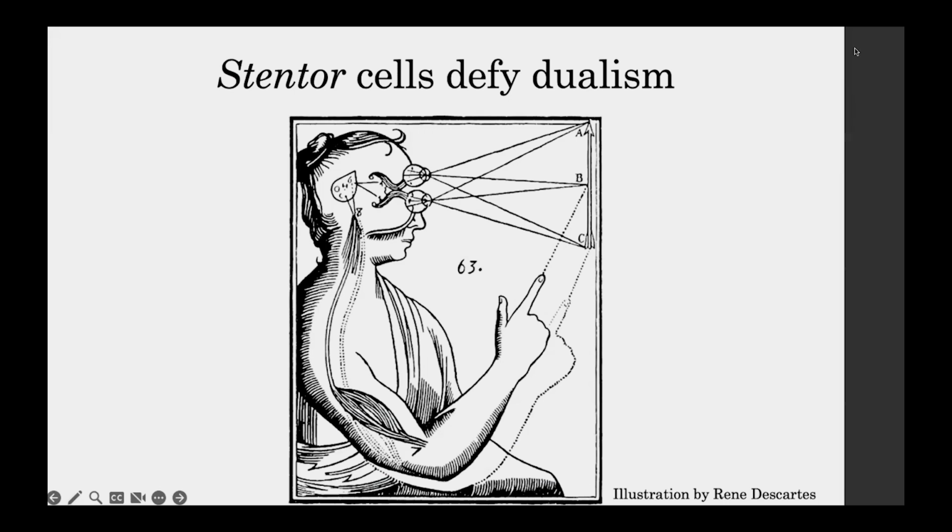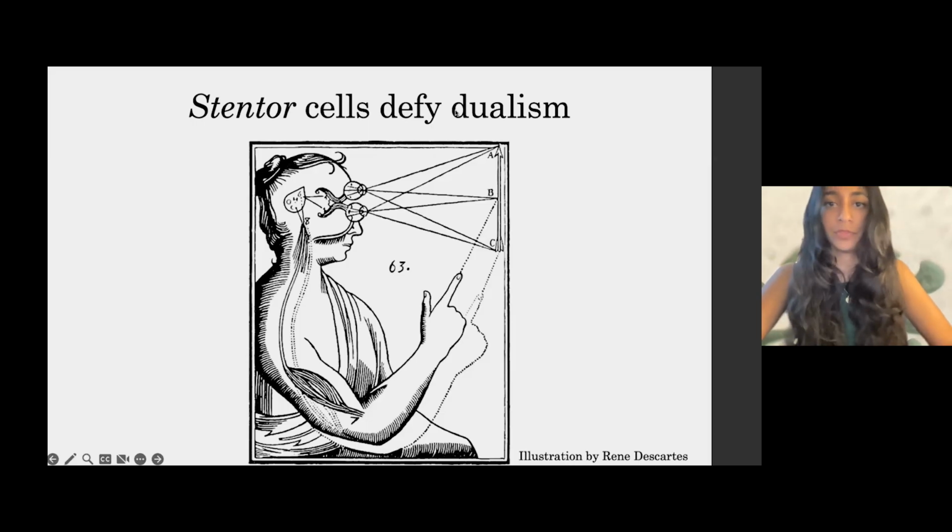I am also working towards my PhD, and a PhD stands for a doctorate in philosophy, but I feel like the philosophy part is often neglected in the sciences, though it's something I'm very interested in. One of the things that fascinates me about stentor is that these cells defy dualism. Dualism was an idea put forth by a lot of people, but most famously by Descartes, suggesting that the mind is separate from the body.